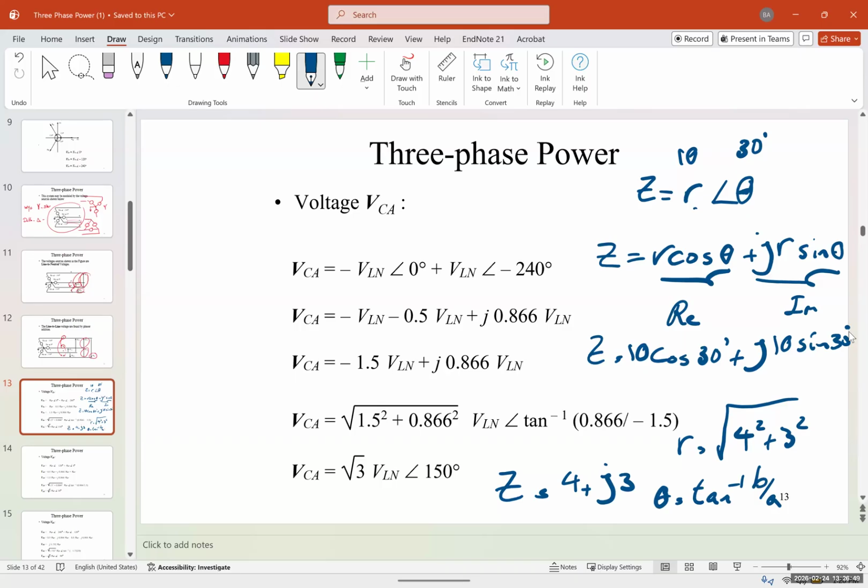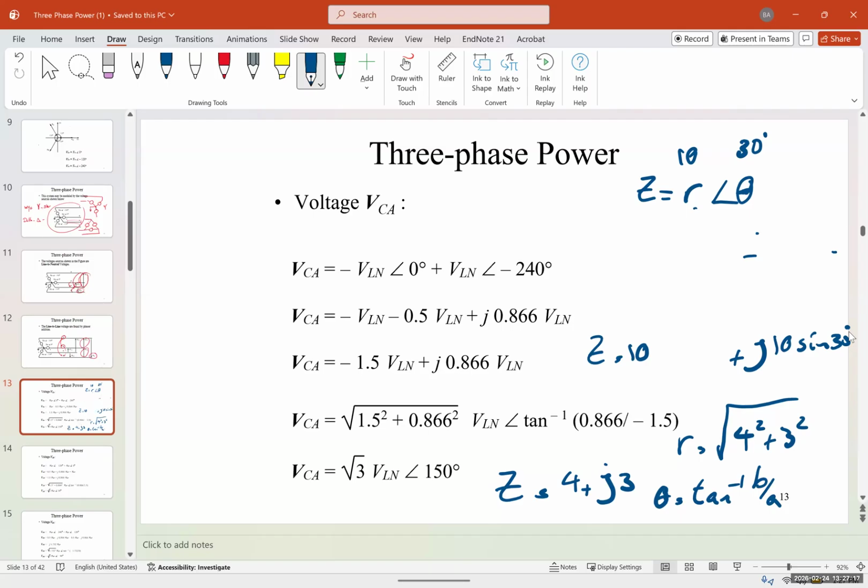If we are in the rectangular form, we cannot multiply an imaginary part to a real part. So if we want to do addition or subtraction, we have to go to the rectangular form of the complex numbers. If we want to multiply them, it's better to do it in a phasor form.